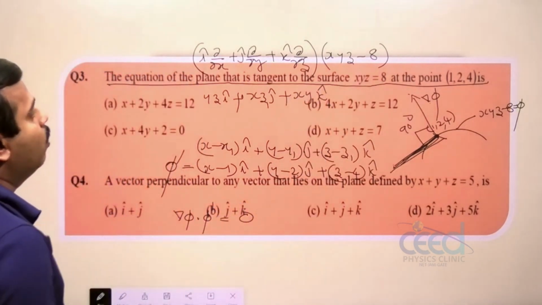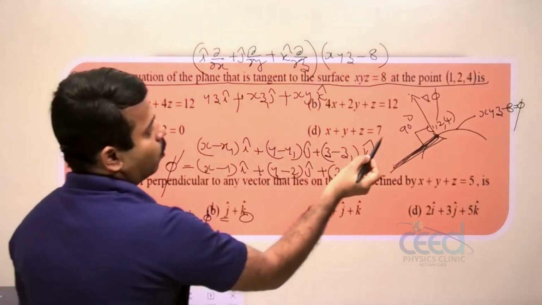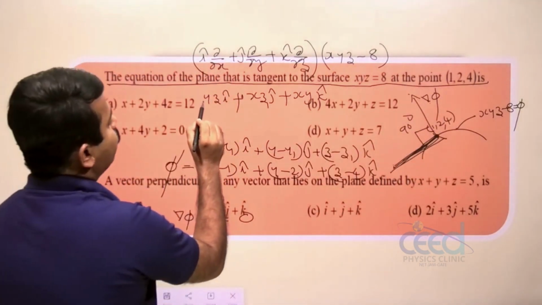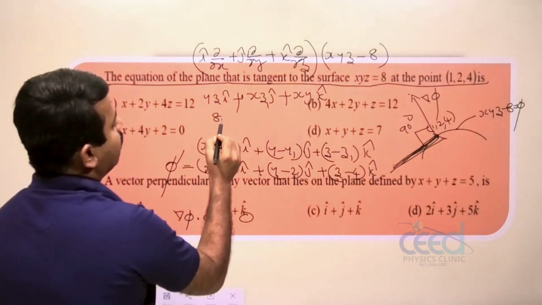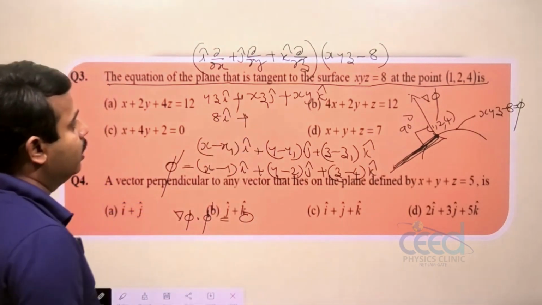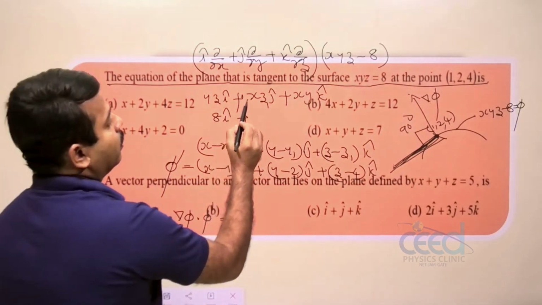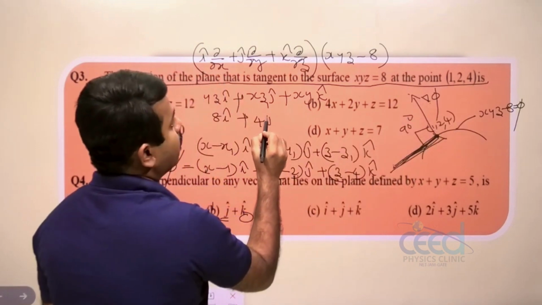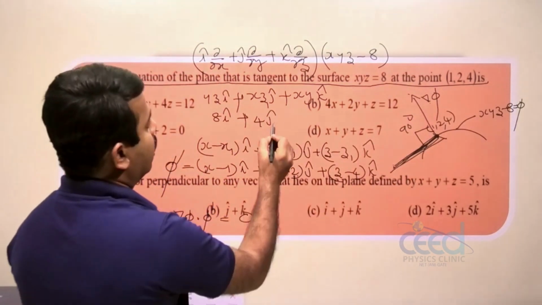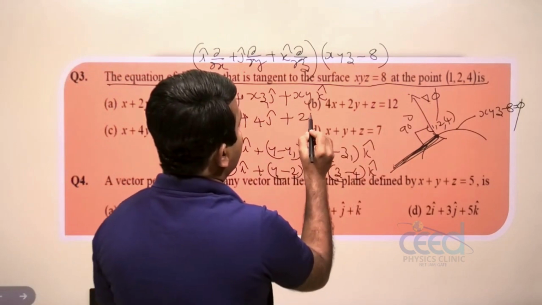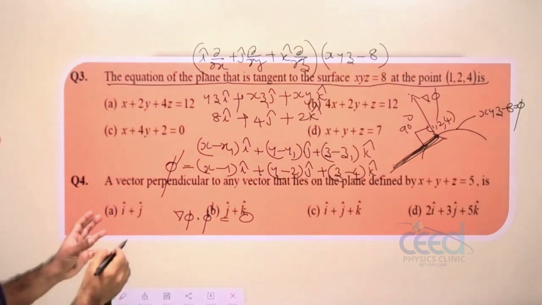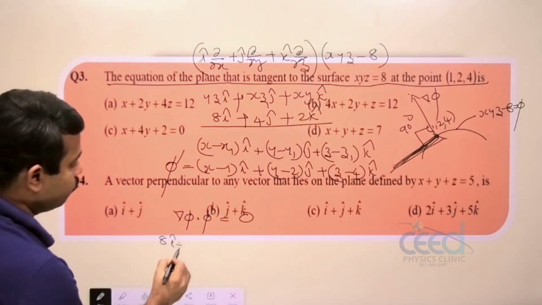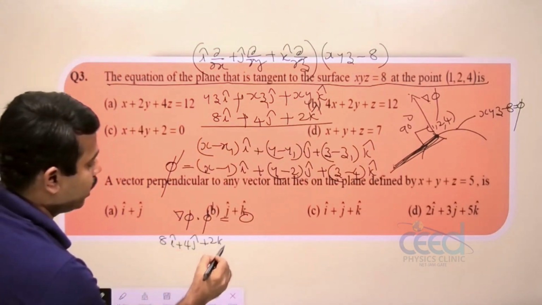Now at (1, 2, 4), because this is the touching point, 2 into 4 is 8 i cap, 1 into 4 is 4 j cap, and 1 into 2 is 2 k cap. So the gradient phi value is 8 i cap plus 4 j cap plus 2 k cap.